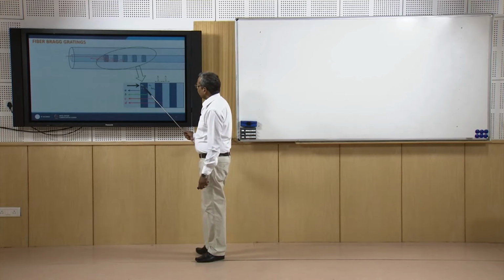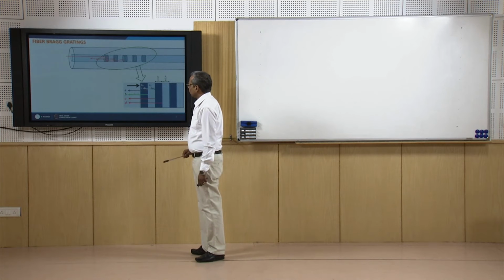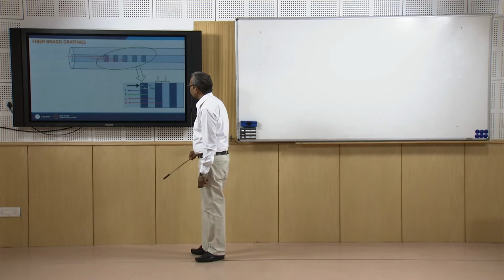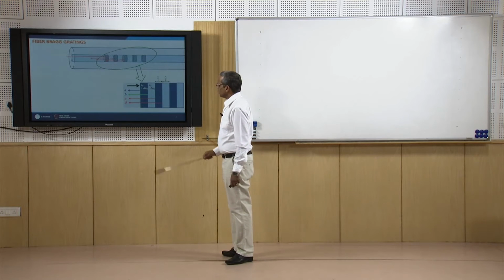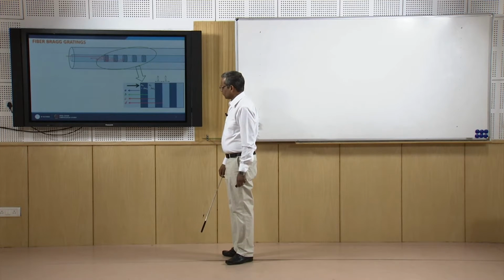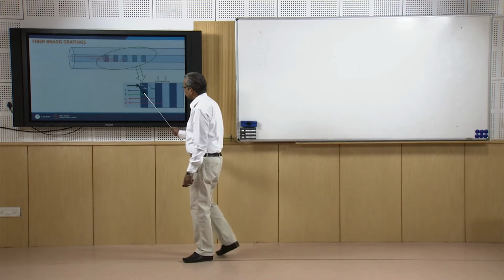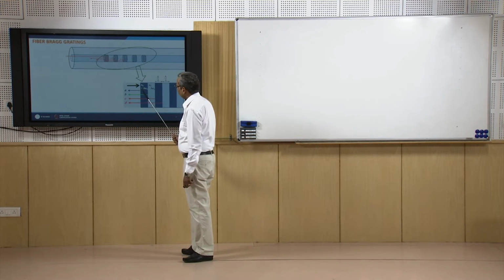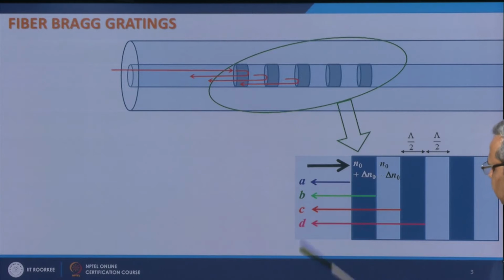Let us say in the high refractive index region, the refractive index is n0 + Δn0, and in this region it is n0 − Δn0. Now, when this wave is incident here, a wave gets reflected from this interface, let us say it is A. A part of the wave gets reflected from this interface, let us say it is B. Then whatever fraction of the intensity goes out here gets reflected from other interfaces.